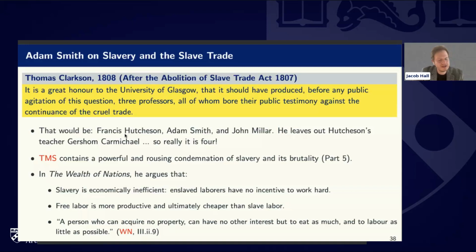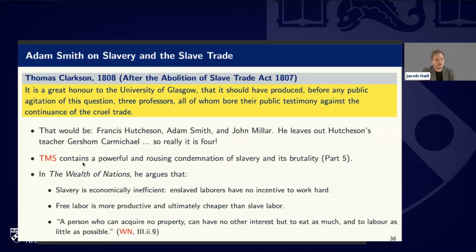Those 3 professors would be Francis Hutcheson, Adam Smith, and John Millar." He leaves out Hutcheson's teacher, Gershom Carmichael, so really it's 4, Clarkson, not 3. But this is the history of the ancestors of Smith, who are also against the slave trade. So, 2 key examples in his own work.